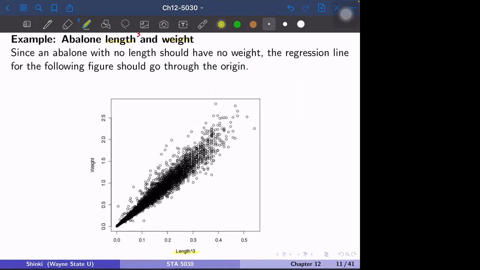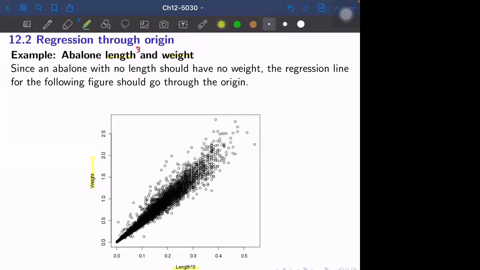Then this is almost a linear relationship. And if the abalone size is 0, then both should be 0. So logically, it should go through the origin, and also this data looks like it goes through the origin if we fit a straight line.